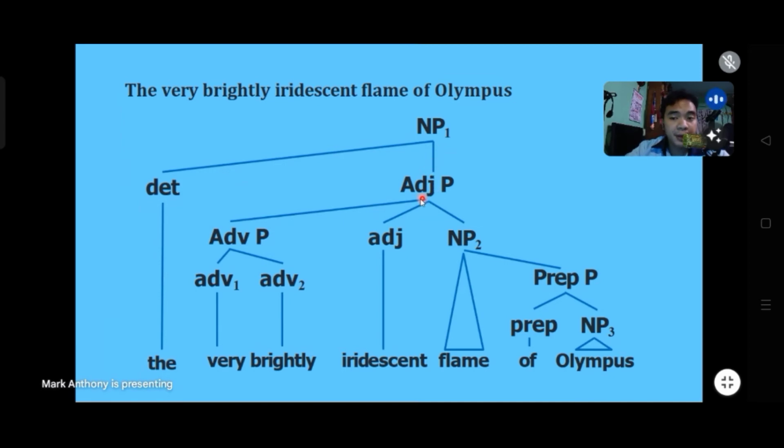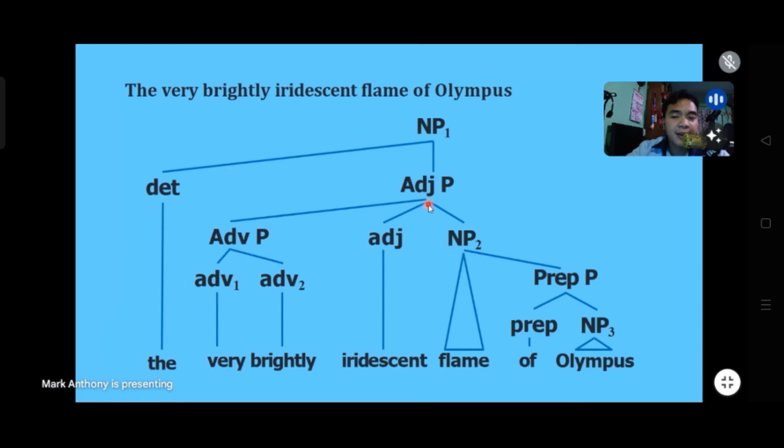Under the adjective phrase, there are different constituents present, but let's tackle first the adverb phrase. This adverb phrase basically modifies the adjective present in the sentence, and it is divided into two sub-constituents because there are two adverbs present: very and brightly, which are our adverb 1 and adverb 2.